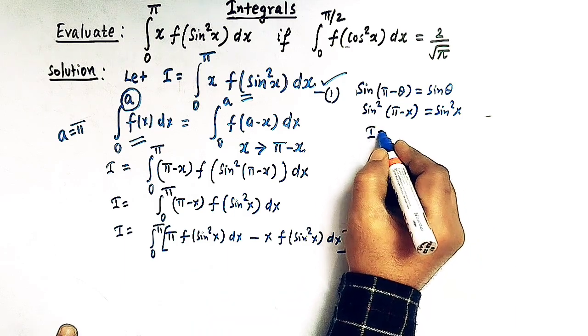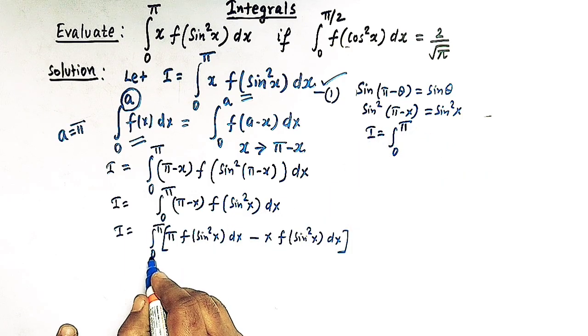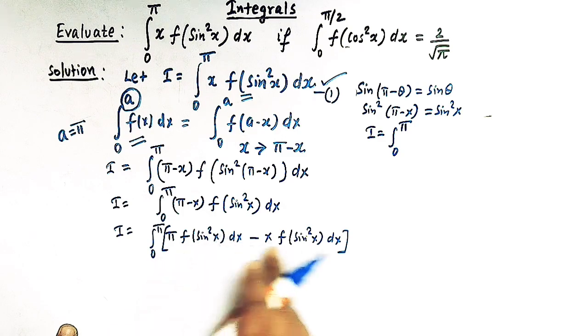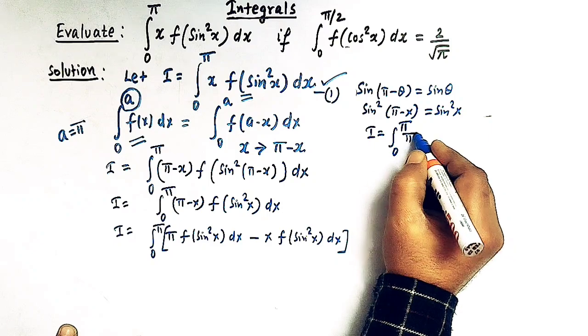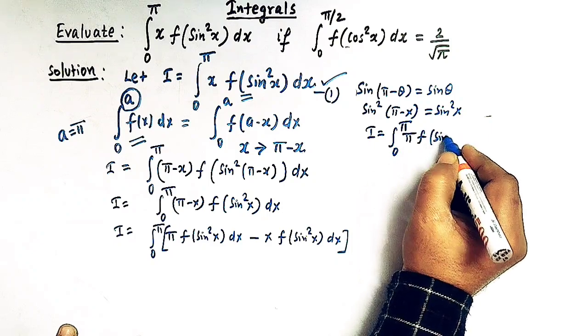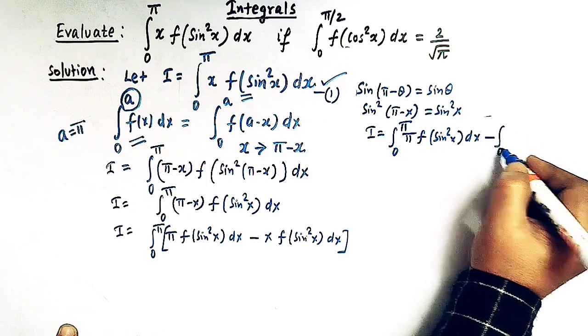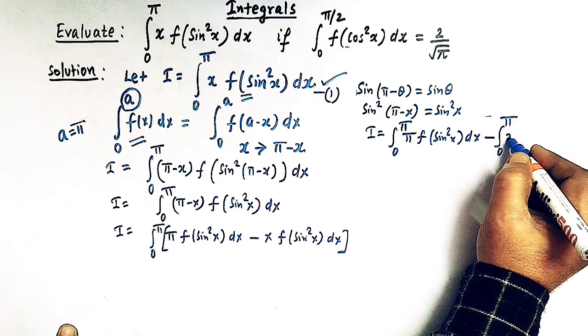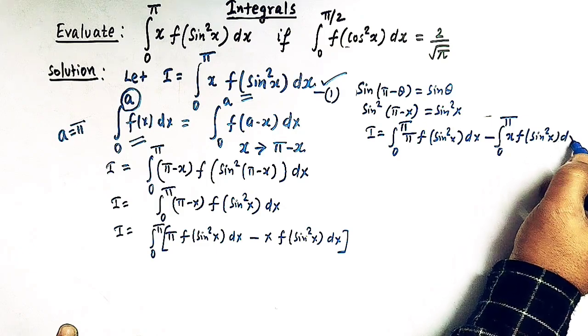Okay, so now we can write 0 to pi, so distributing this integral into these two functions, we have 0 to pi f of sine square x and dx, and here we have 0 to pi and x f of sine square x and dx.